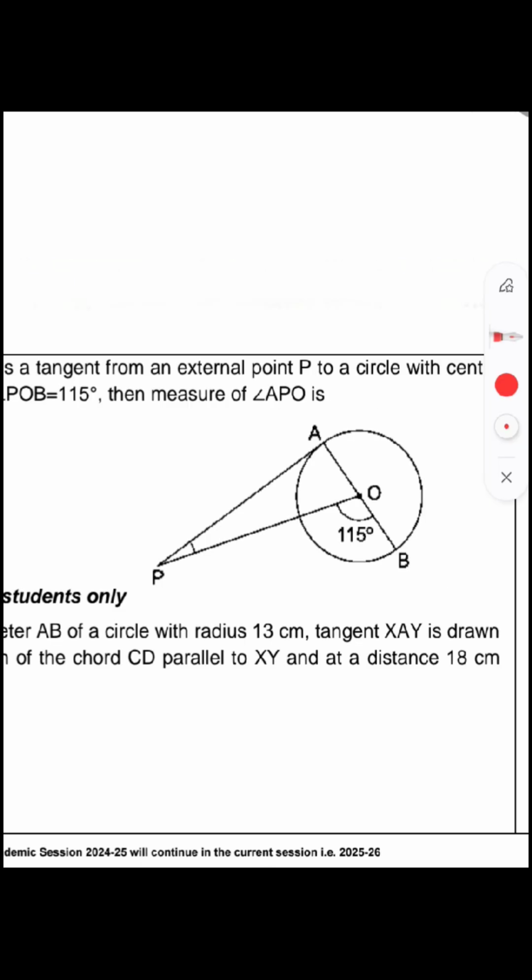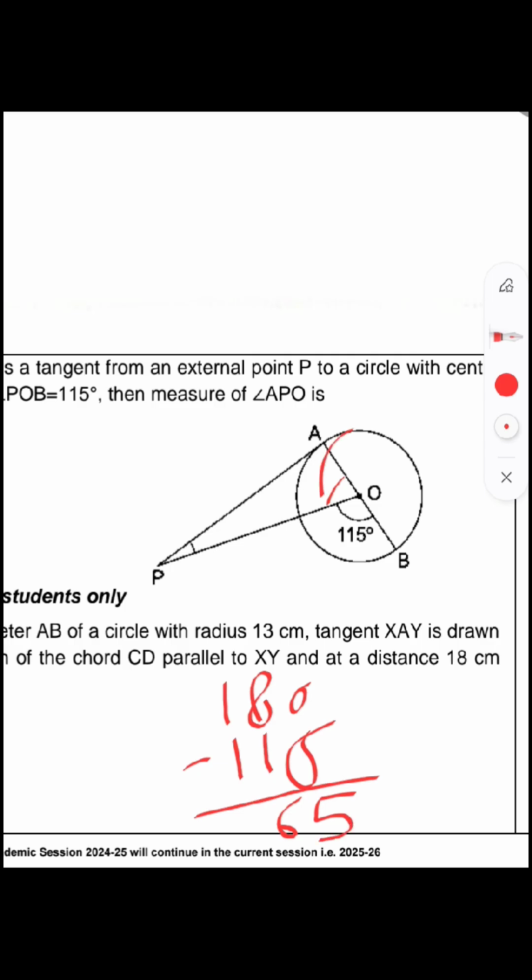Okay, now see. This angle how much here? AB is a straight line, so you subtract this from 180 minus 115. How much left? 65.